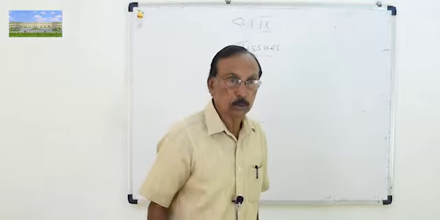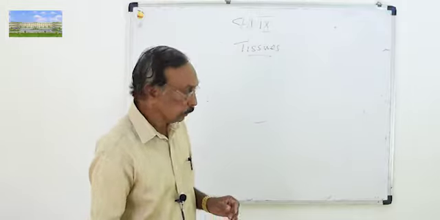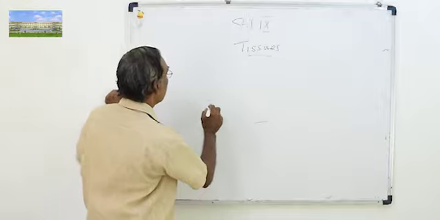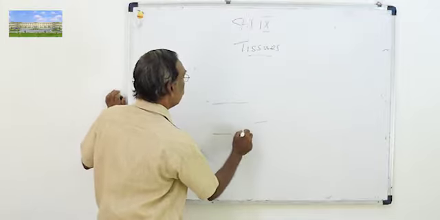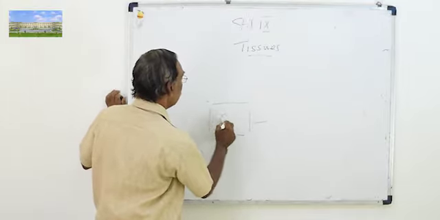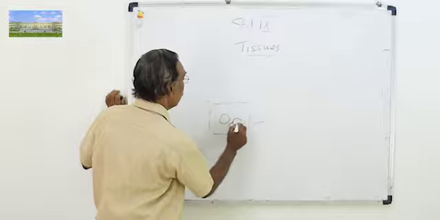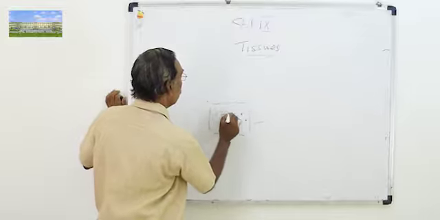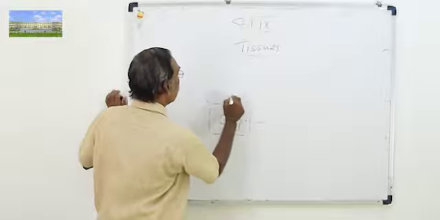Next, bone is also a connective tissue. I already told you, in blood the cells are embedded in a liquid. This liquid is called plasma.